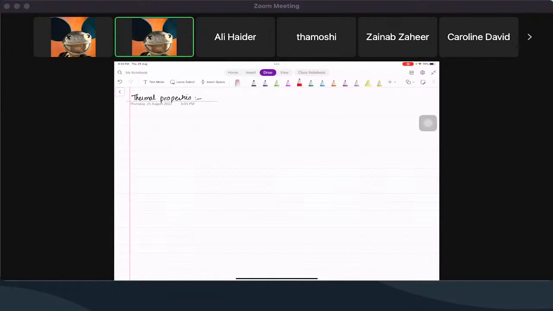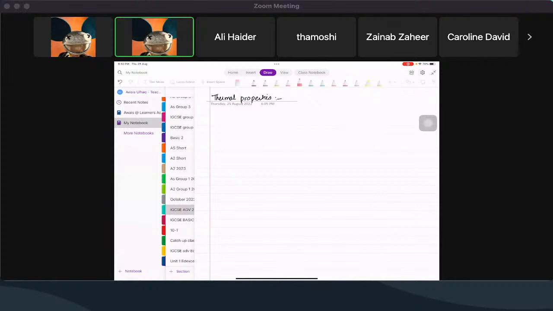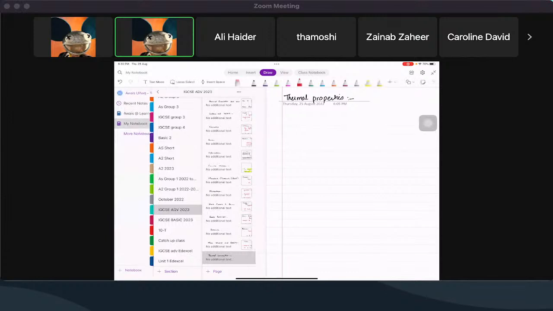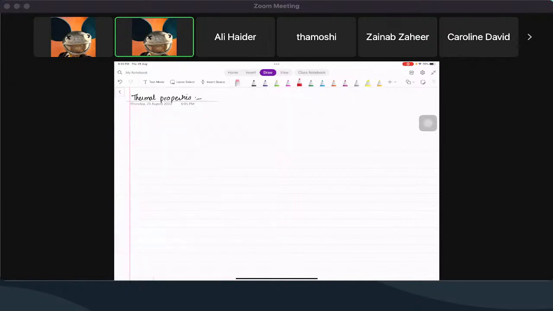Fine. So, in the first part of thermal properties, we are going to learn about kinetic model theory. In kinetic model theory, we're going to learn about solids, liquids, and then gases.